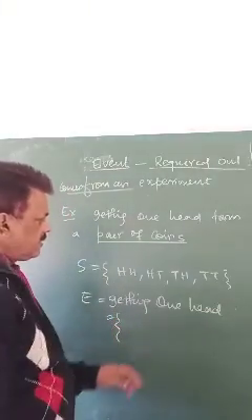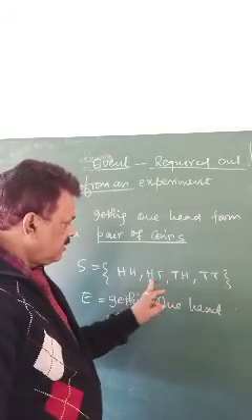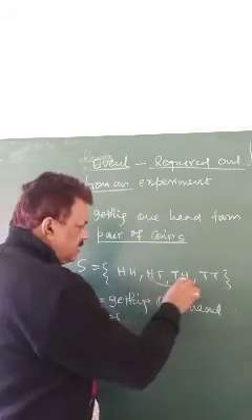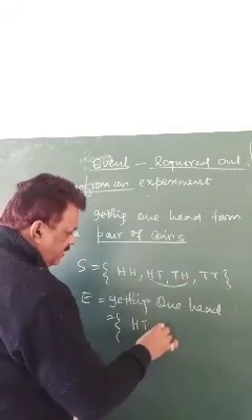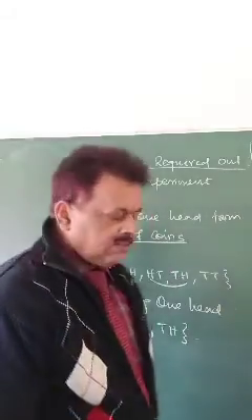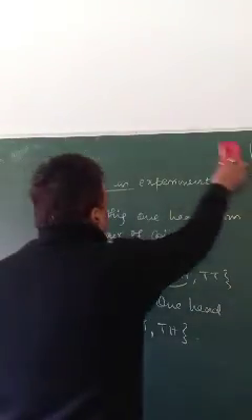You can check how many have one head. Only two. Here is one head, here is one head. Here is zero heads, here is two heads. So one head is this part. Okay?